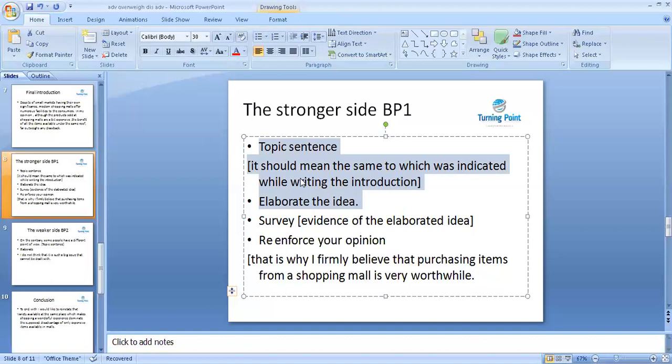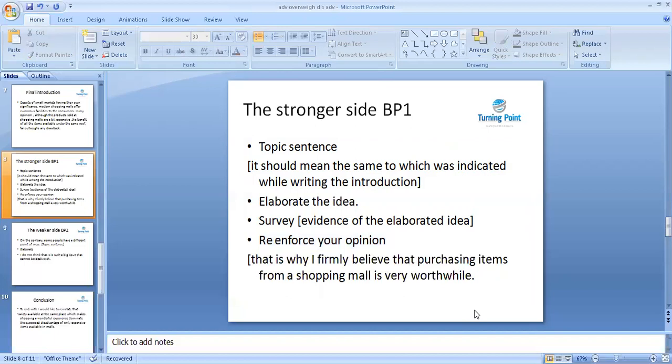See, 70% of the customers also think in the same way. So we write the survey and then we reinforce our opinion, or we support our opinion by saying something like this. That is why I firmly believe that purchasing items from a shopping mall is very worthwhile. So instead of writing that it has a lot of advantages, we can say that it is very worthwhile.